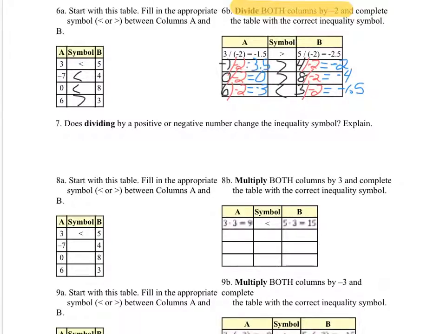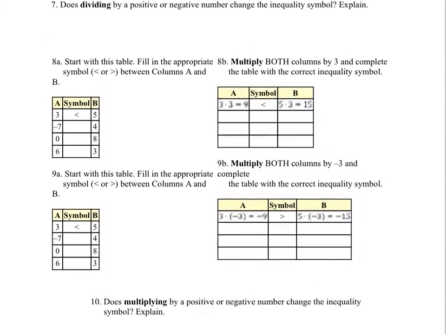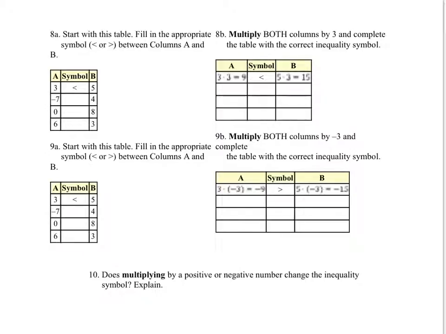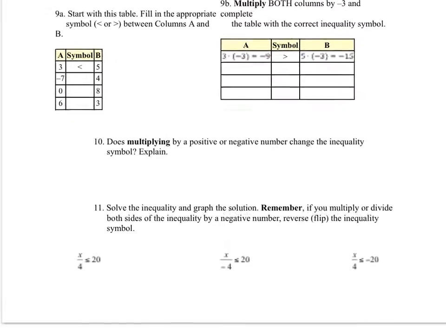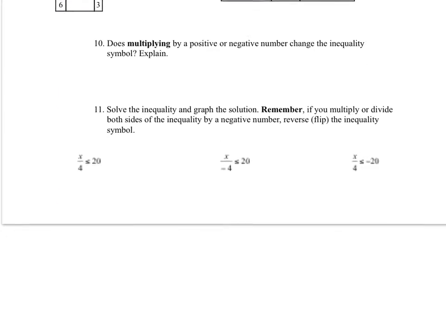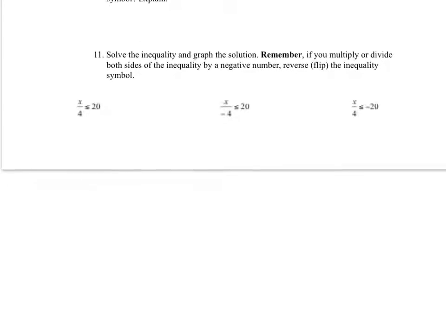Now we're going to do number 8. Actually, you guys can do number 8. You should have the gist of this now. You can do number 8 and 9 and answer number 10.